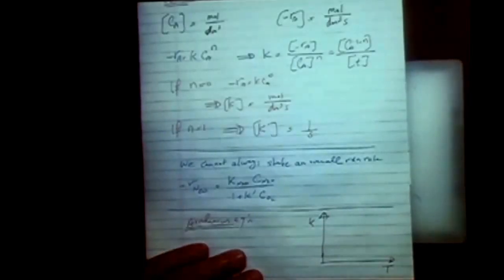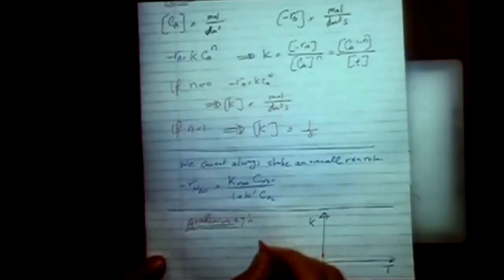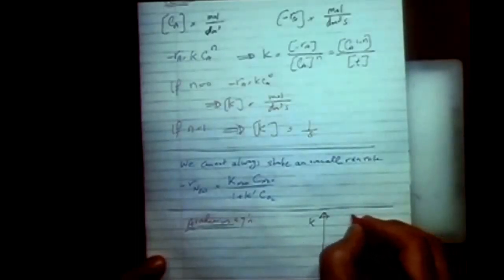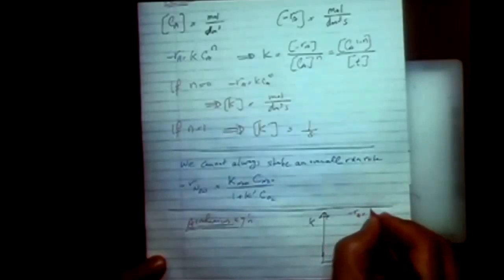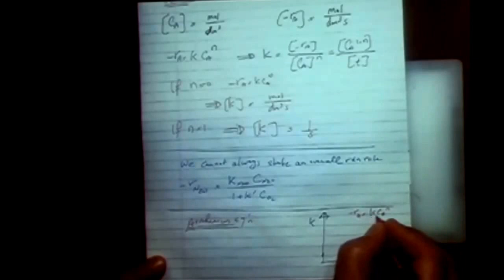What do you think would be the relationship between temperature and reaction constant? If you look at a typical power law reaction, minus rA, let's say of order n. If the temperature increases, what will happen to k? Do you expect k to increase or decrease?